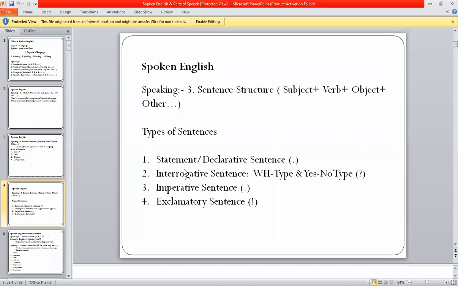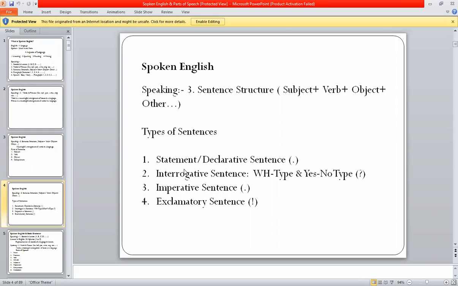We can say affirmative, assertive sentence, statement or declarative sentence or assertive sentence. Assertive sentence means what? Vidhanarthi, and statement is also called a vidhanarthi statement or sentence.